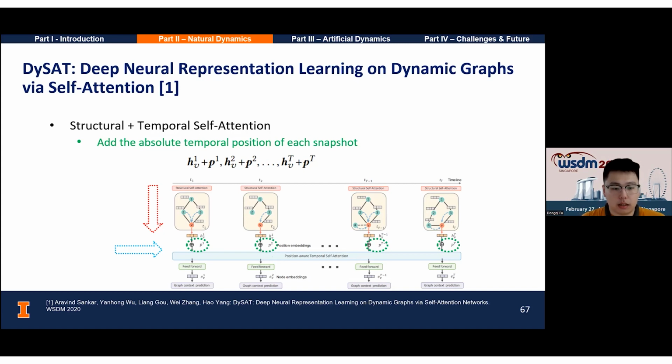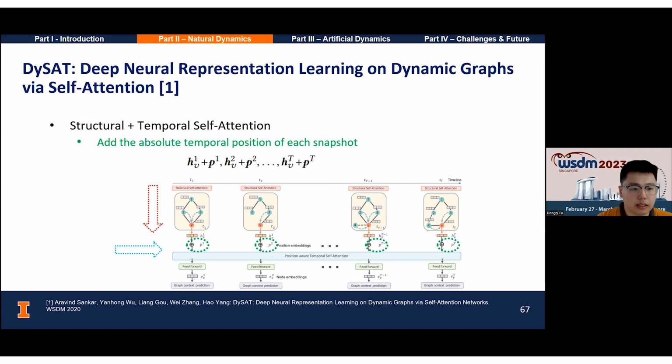In our setting, it aims to add the absolute temporal position constraints. For example, for the H at time 1, we add the positional encoding P1. For H2, we add the positional encoding P2, to constrain the whole learning to follow the time order.